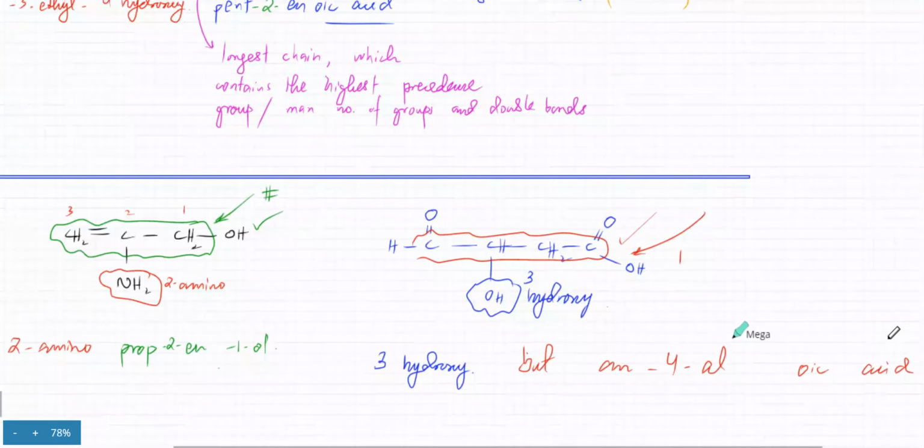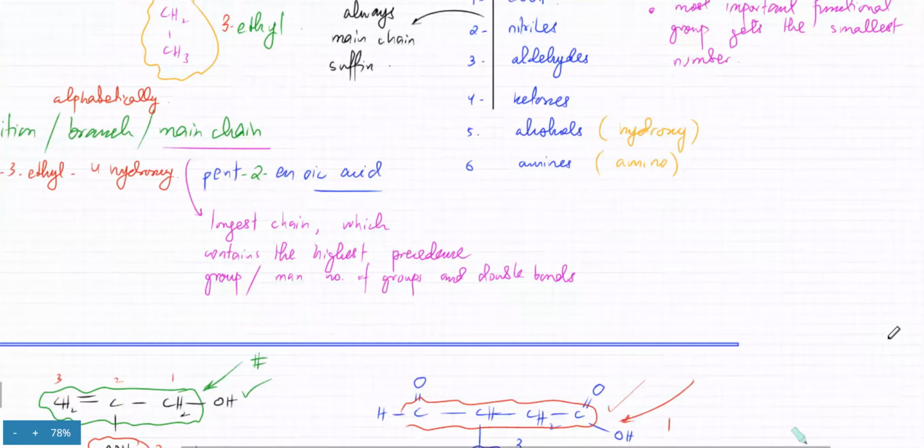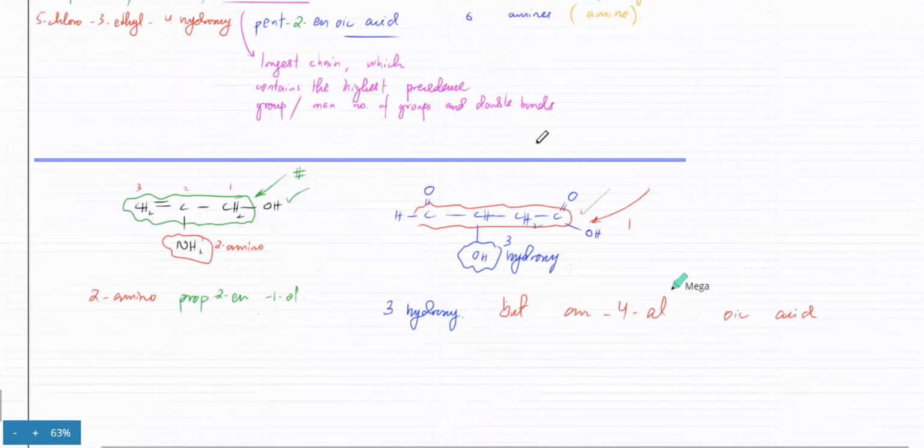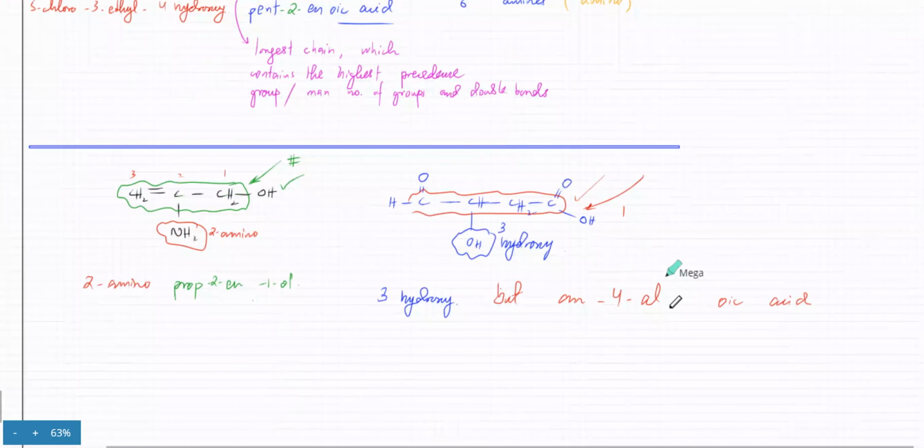But the thing is, just remember about these 6 functional groups that carboxylic acid, nitriles, aldehydes, and ketones would always remain a suffix, even if they're not the most important functional group. You're going to add them at the end. Okay, always at the end.